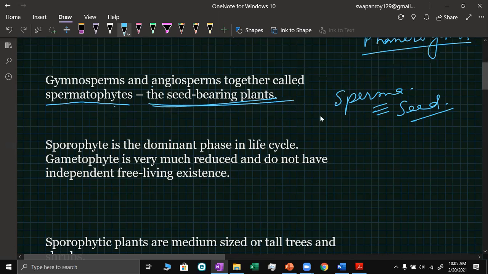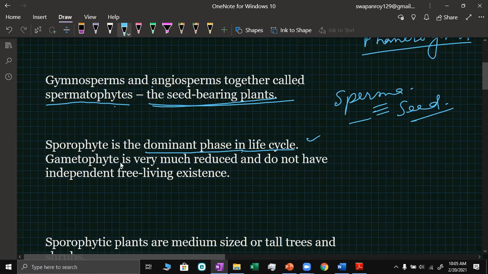In this group, as we have learned, from the pteridophyte onward the sporophytic generation is the dominant generation, the dominant plant, and so the sporophyte is the dominant phase here also in the life cycle, and that forms the tree.